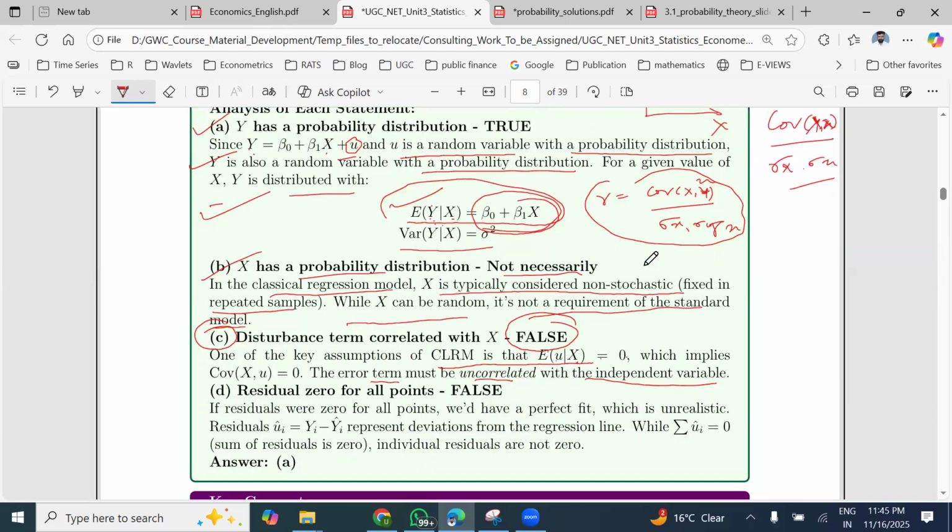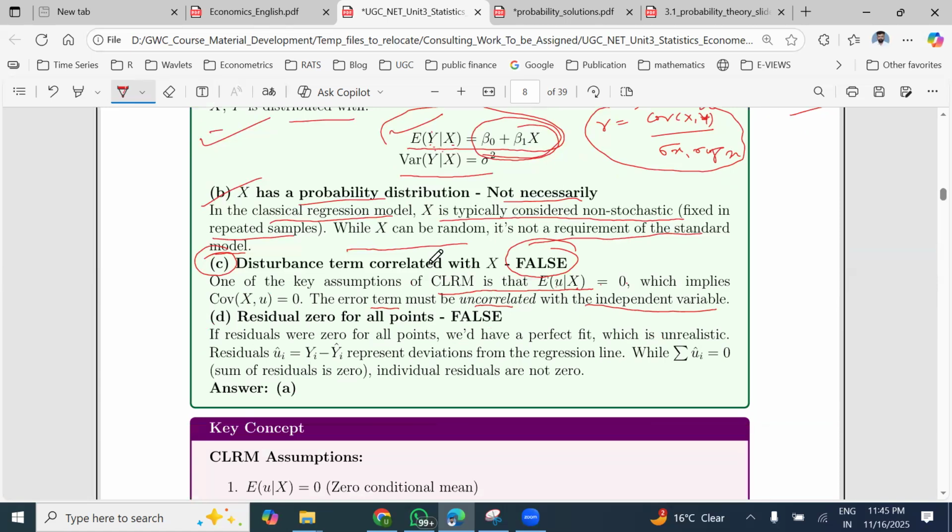Okay. So basically you are assuming that the covariance of x and u should be equal to 0, when the expected value of u given x is equal to 0.